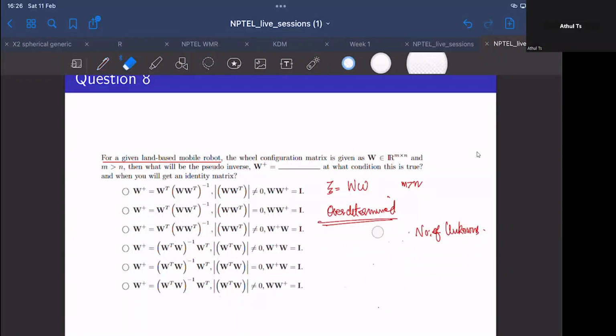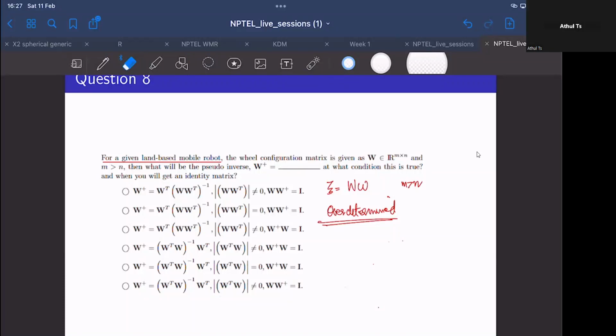If the number of equations is greater than the number of unknowns, we'll have no solutions, right? That is not the case when the number of equations is equal to the number of unknowns, or if the number of equations is less than the number of unknowns. If the number of equations were less than the number of unknowns, we will have infinite solutions.